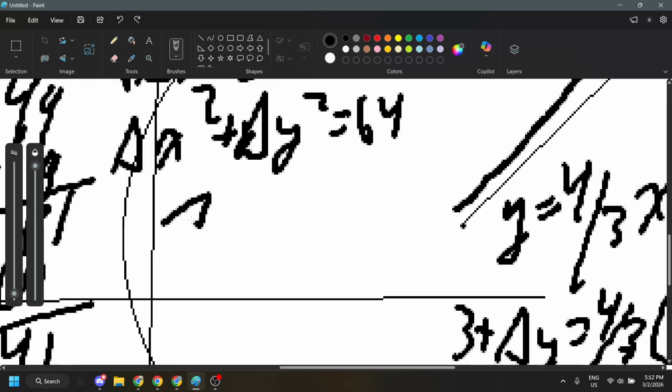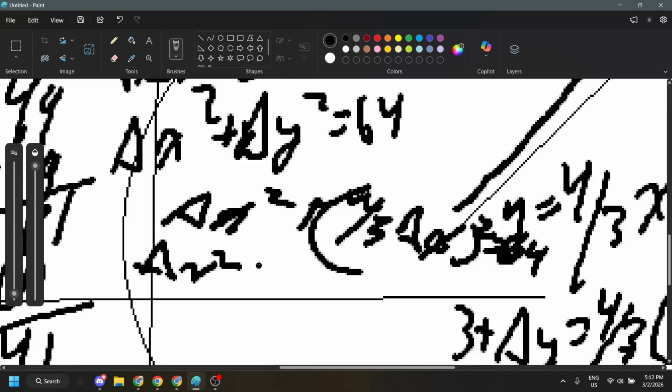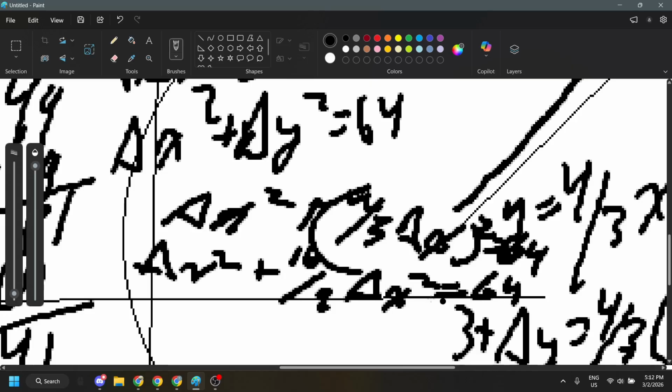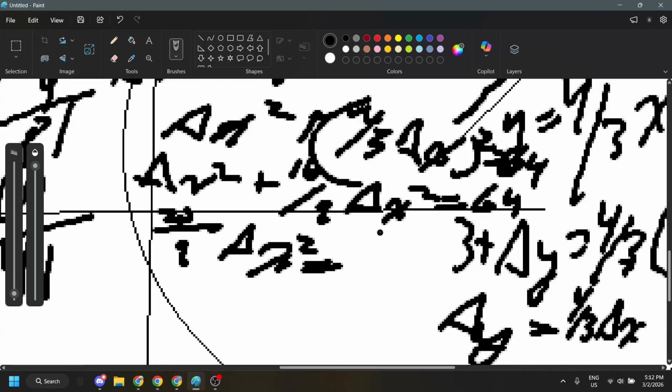Oh my gosh. Delta x squared plus 4/3 delta x squared is equal to 64. So delta x squared plus 16/9 delta x squared is equal to 64. 25/9 delta x squared is equal to 64.